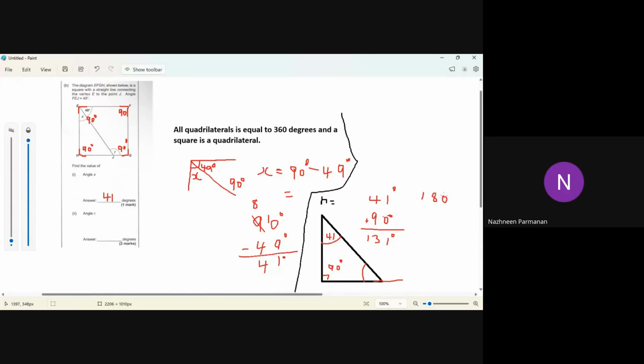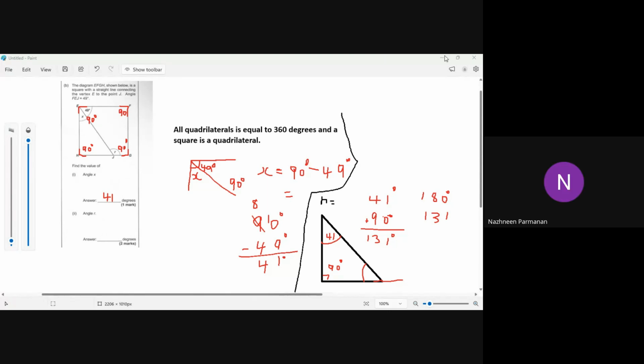Yes, sir. All right. Class, remember we're finding the missing angle, and all triangles, as she mentioned, equal 180 degrees. We have 131 degrees in total there. Very simple, class. So let's go.